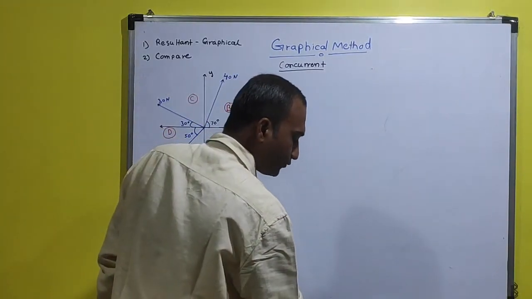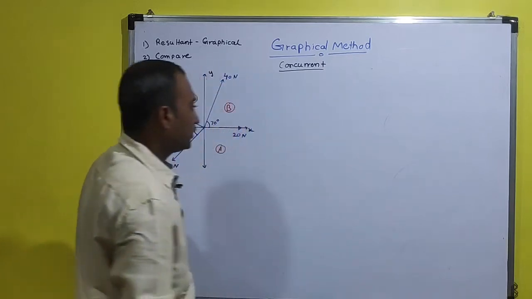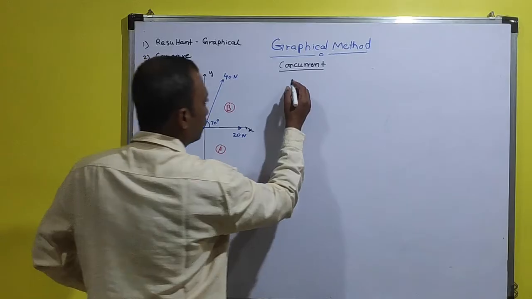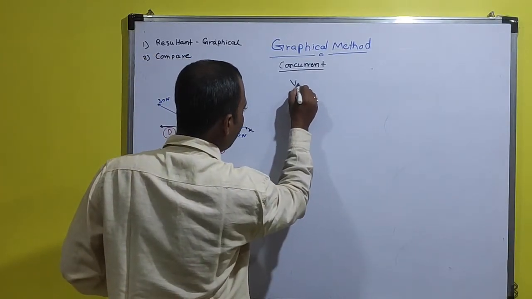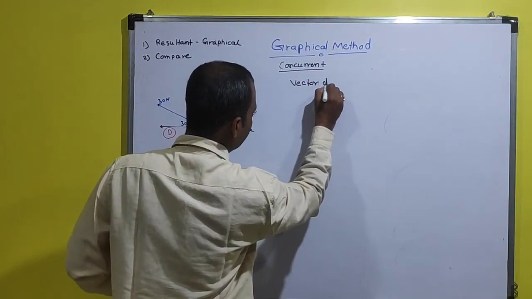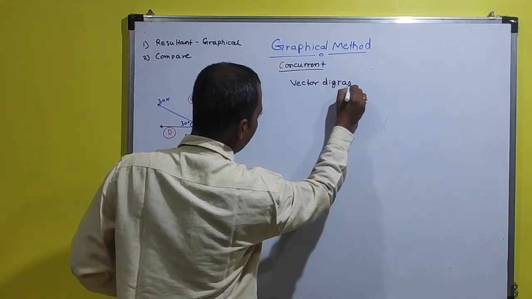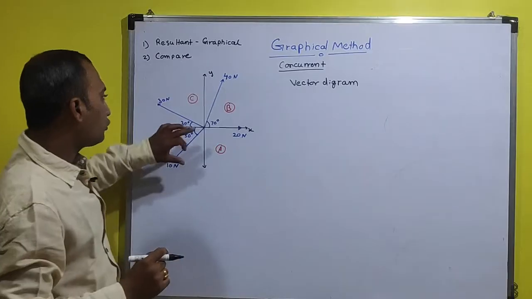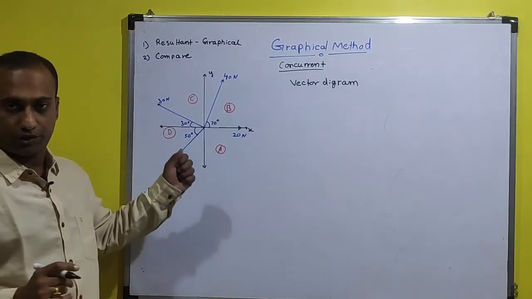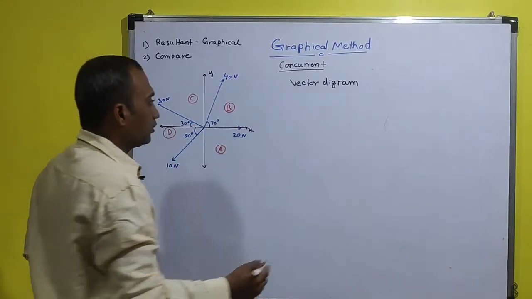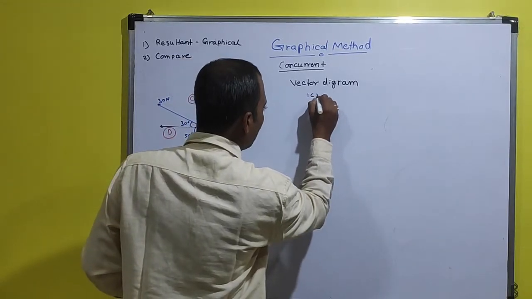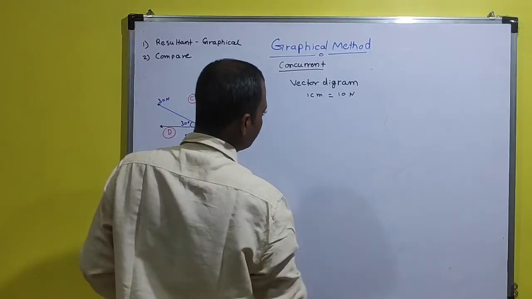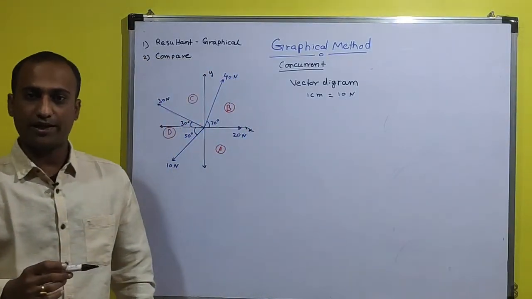Now the next step, we have to draw a vector diagram with scale. So we have to consider scale according to our forces. So here we will consider 1 centimeter is equal to 10 Newton.